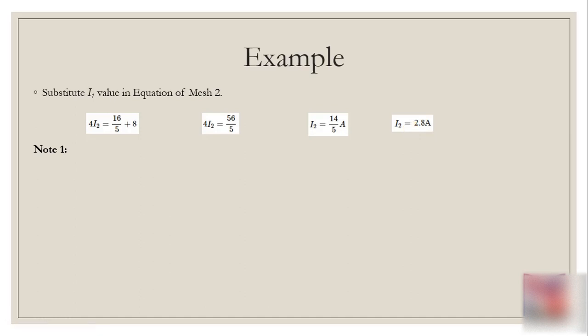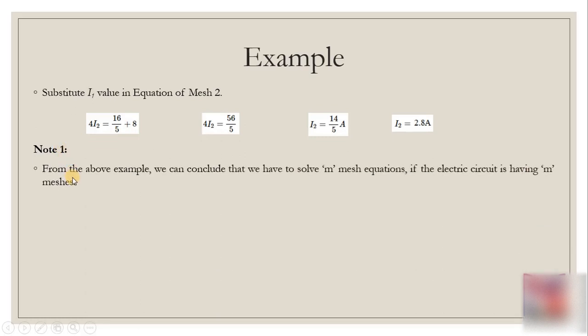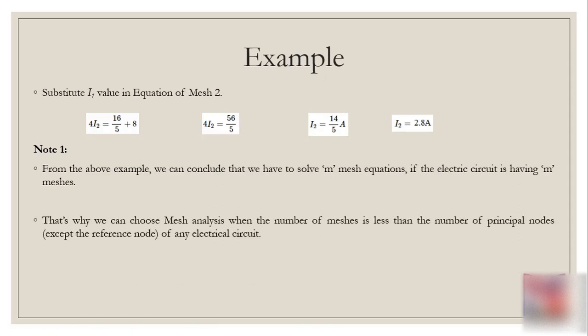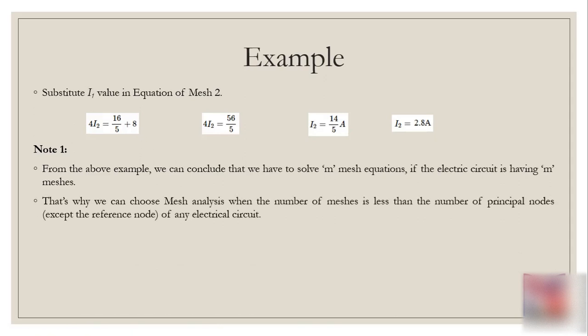Here we have 2 points to be noted. Point 1 is, from the above example, we can conclude that we have to solve M mesh equations if the electric circuit has M meshes. It means that if a certain circuit has 7 meshes, we have to solve 7 mesh equations for this circuit.